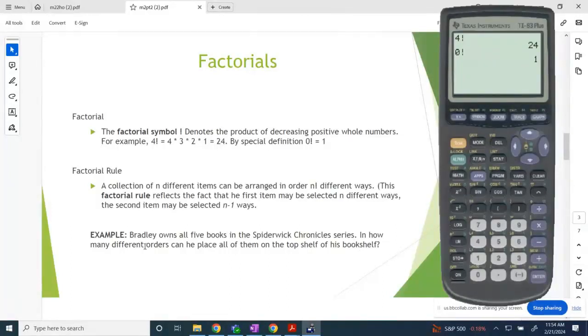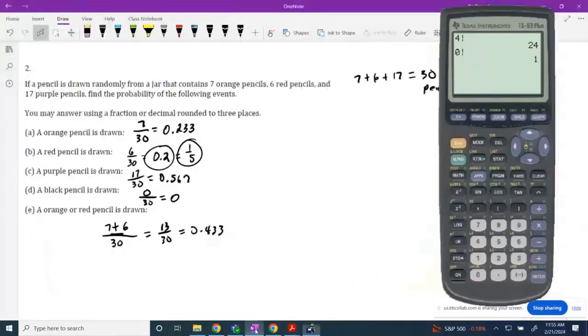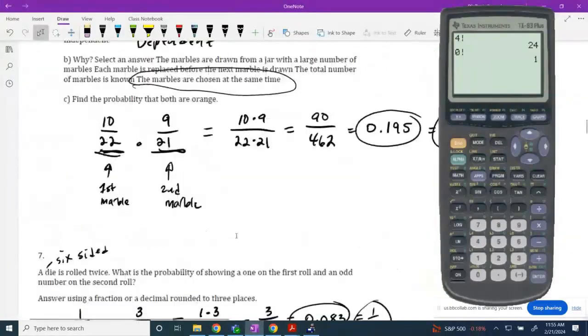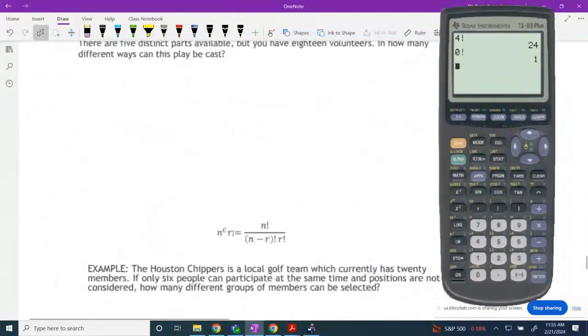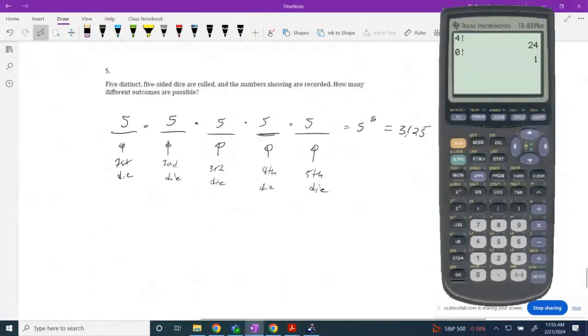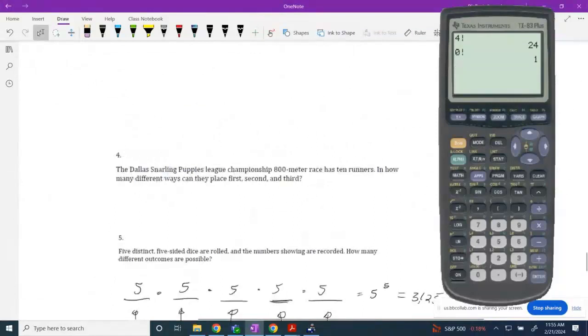In how many different orders, so this is how many different ways again, can he place all of them on the top shelf of his bookshelf? All right, so let me just find that problem. I believe it is here.